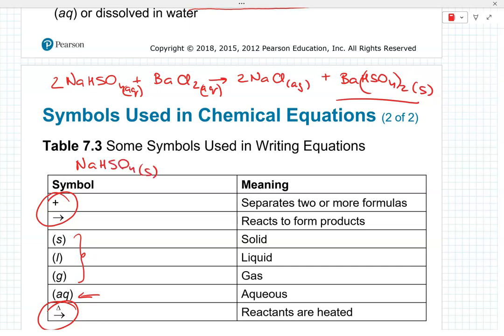Solid sodium hydrosulfate is heated. It took me 3 days. It was in our chem lab, I mean, not 72 hours. It took me about 12 hours to get there.